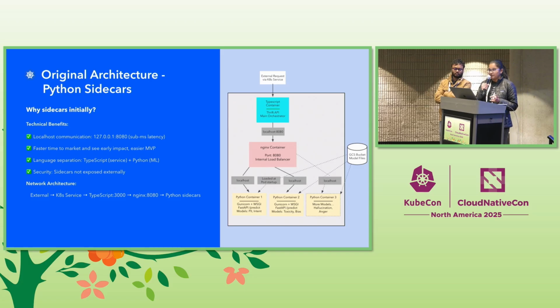So given this perspective, sidecars fit well to quickly test your framework because, one, the way we set up sidecar is the main pod has the business logic, which mostly is in TypeScript world, and every sidecar, we utilized model serving layers inside the sidecars in Python.